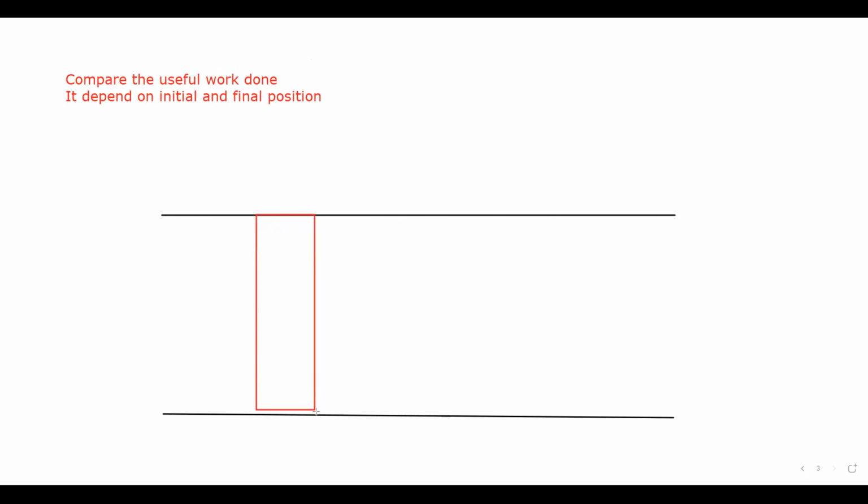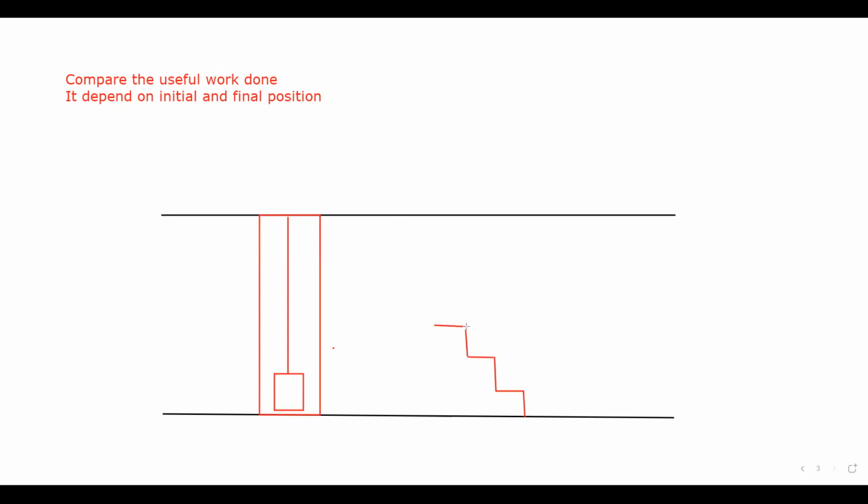So one person is using an elevator and another person is using the stairs to move from the ground floor to the top floor, the first floor.